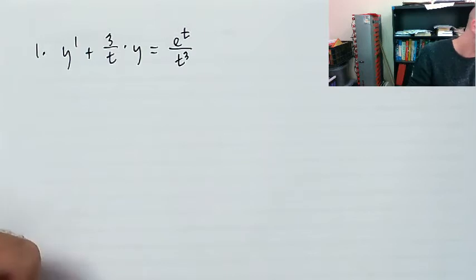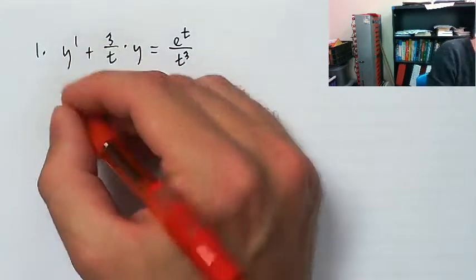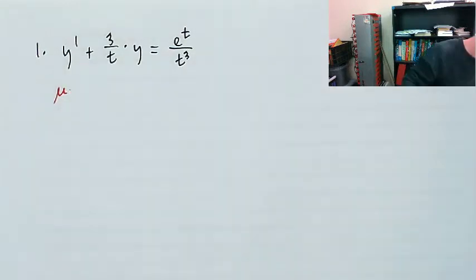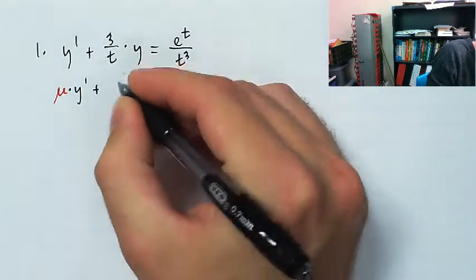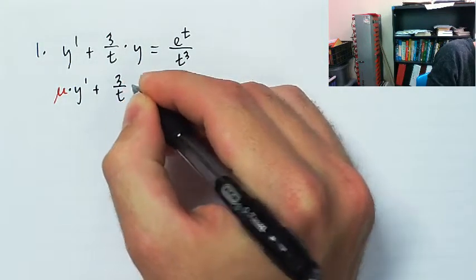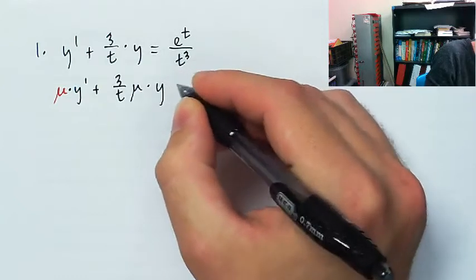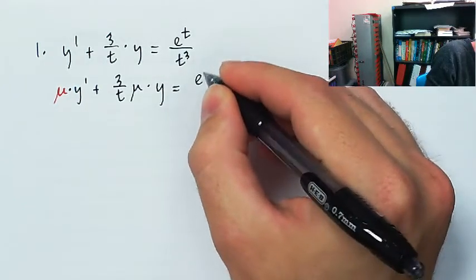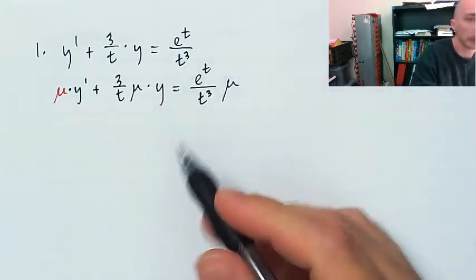But anyway, I'm going to say, mu times y prime plus 3 over t mu times y is equal to e to the t over t to the 3 multiplied by mu.